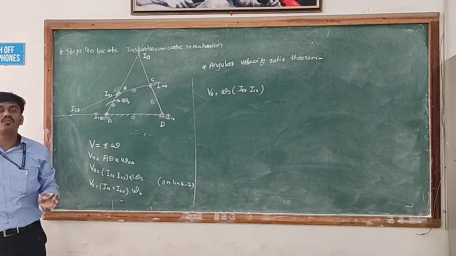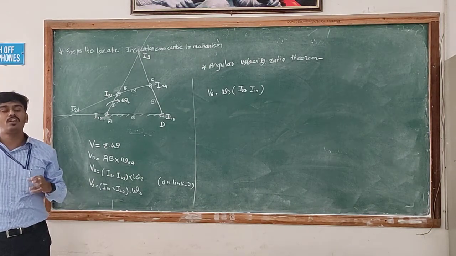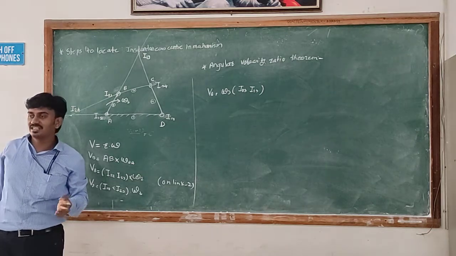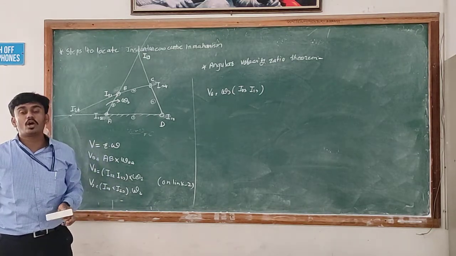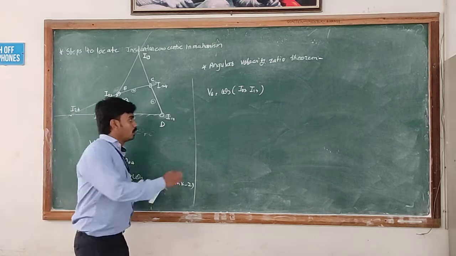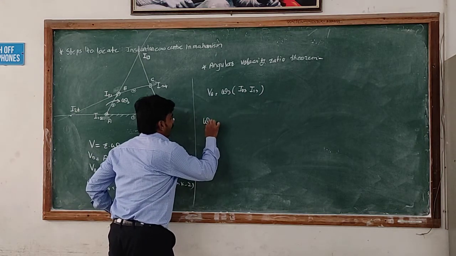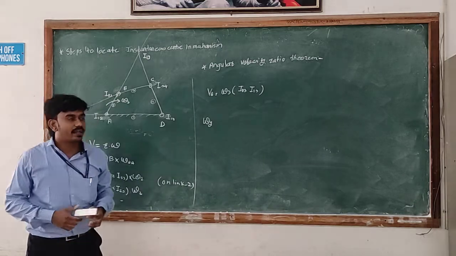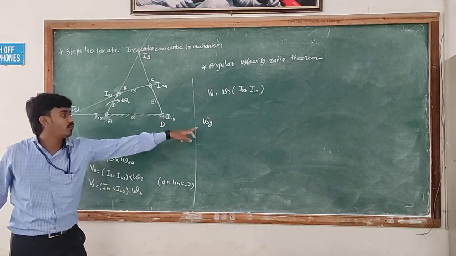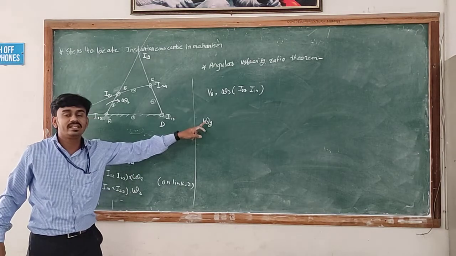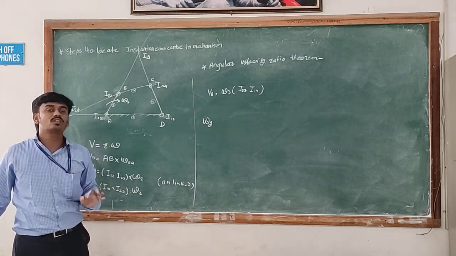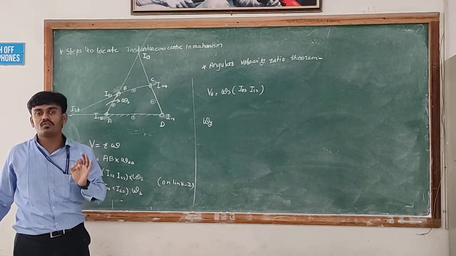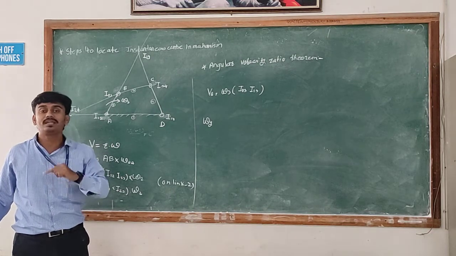In general, if we want to find out the velocity of any link, suppose we know the angular velocity omega y of the link y, and we want to find out the velocity of the link x.